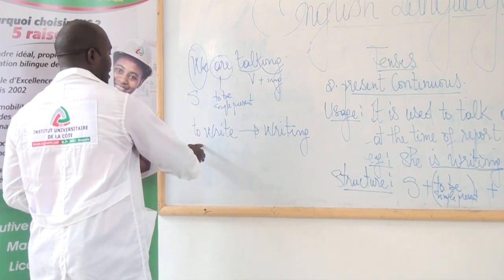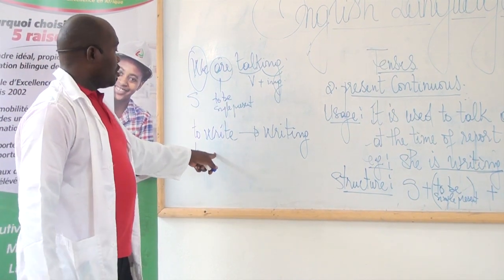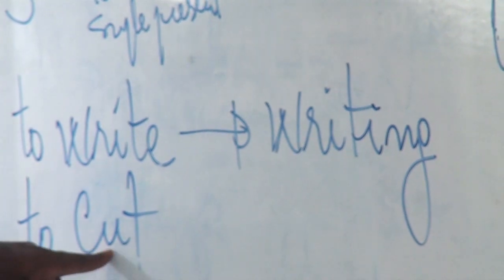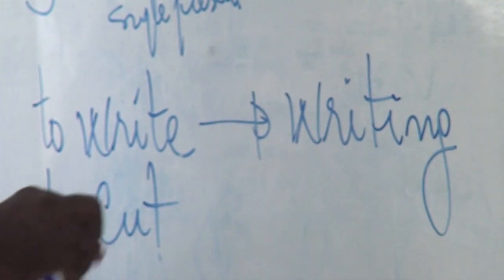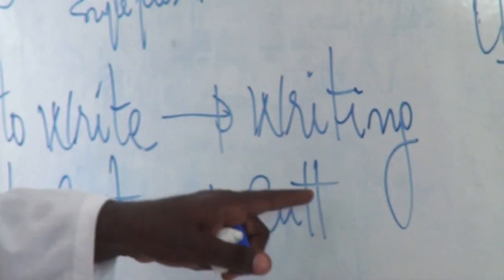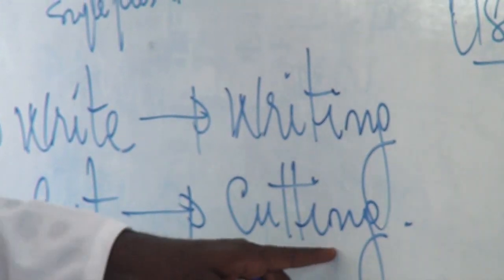Now, if you have a verb that ends with a consonant that is preceded by a single vowel, in this particular case, what do you do? You will have to double the consonant. You double the consonant before adding ing.